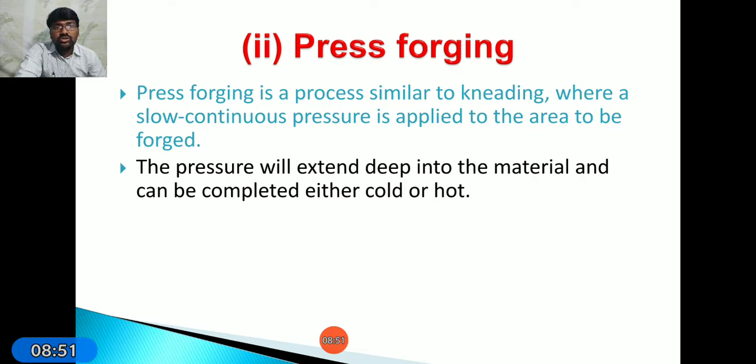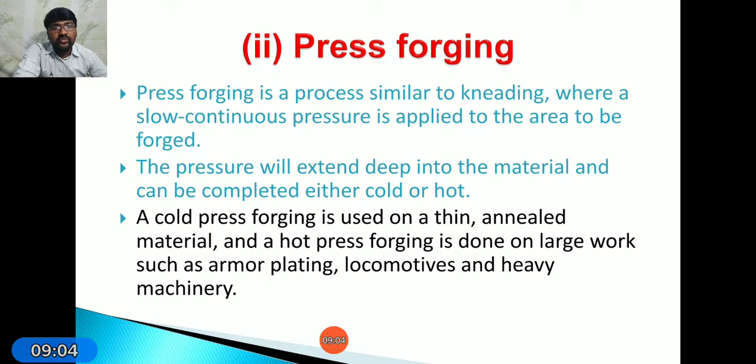We can do this forging in both ways, based on temperature, that is hot working and cold working. Cold press forging is used on thin annealed material, and hot press forging is done on large items such as armor plating, locomotives and heavy machinery.